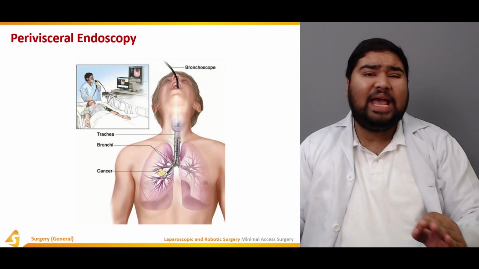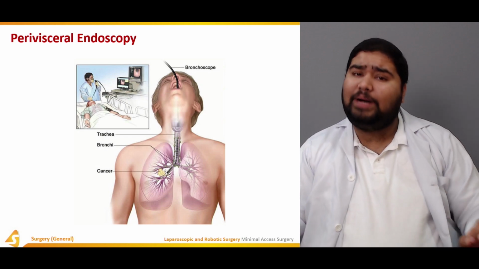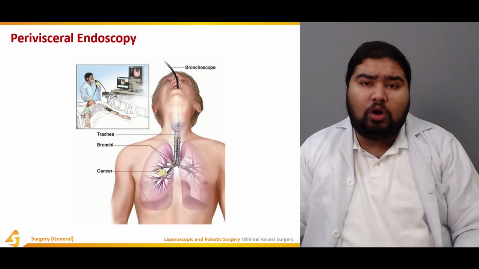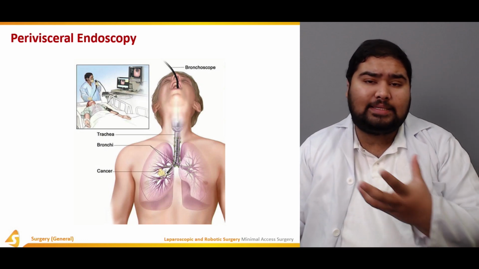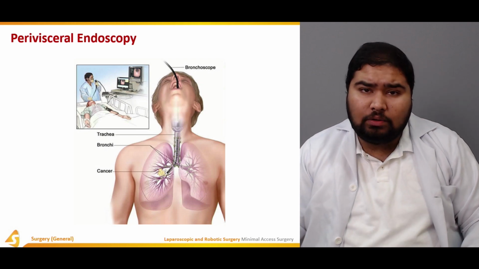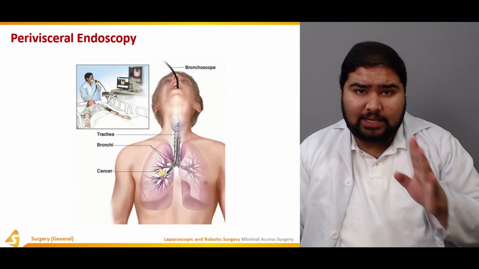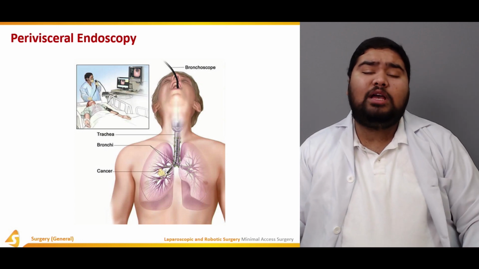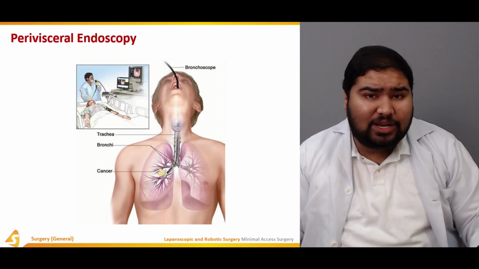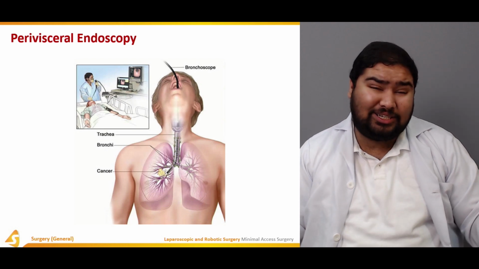Now, the endoscope is not in the lung tissue, but in the bronchi. The endoscope lies in the bronchus, but it can visualize the lung tissue. It can visualize the mediastinal tissue. So you get an idea of what structures are present there, what anomalies, what is the natural anatomy of that structure.